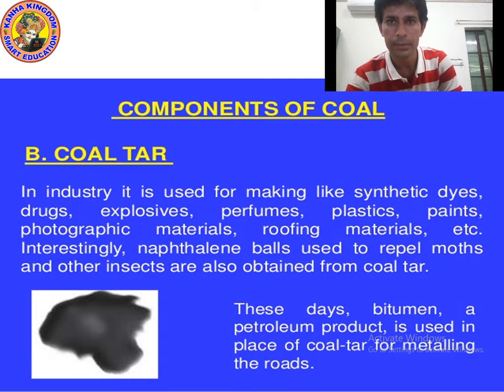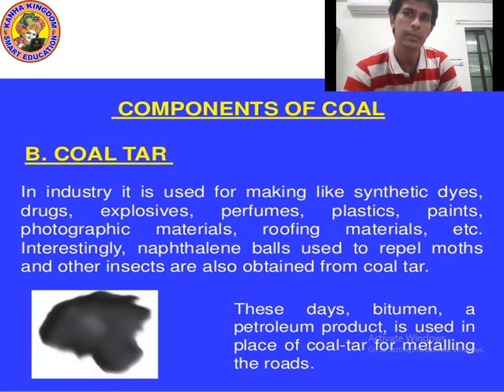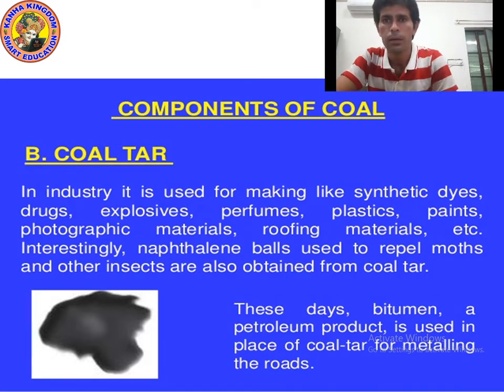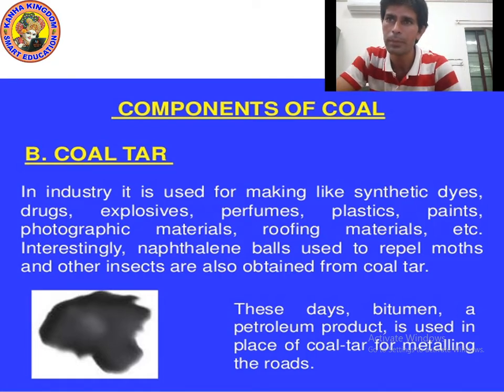We get naphthalene balls from coal tar. Coal tar is also used for metalling the road. These days bitumen, a petroleum product, is used in the place of coal tar for metalling the road.